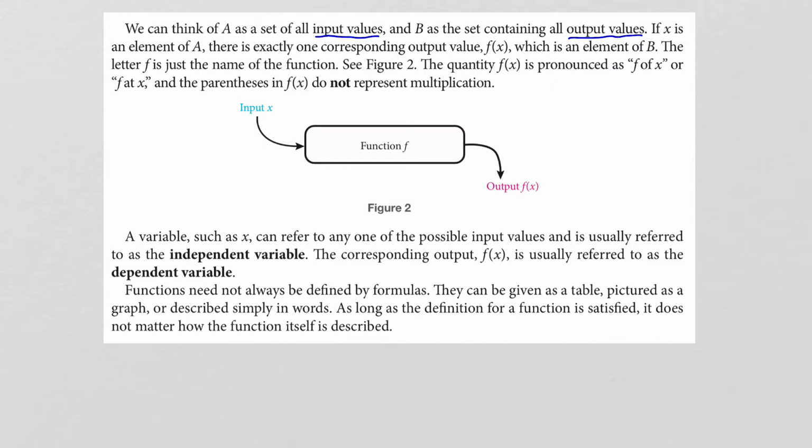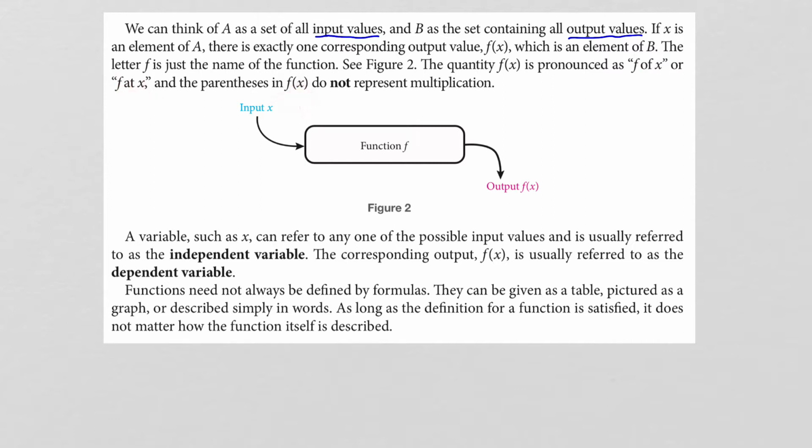And so if X is an element of A, so that's an input value, there is exactly one corresponding output value, which we call f of X, which is an element of B. Now, the letter f is just the name of the function. And of course, we use f because the word function starts with the letter f. But we don't have to use the letter f. We could use some other letter to name our function. The quantity f of X is pronounced just as I said it, f of X, or f at X.